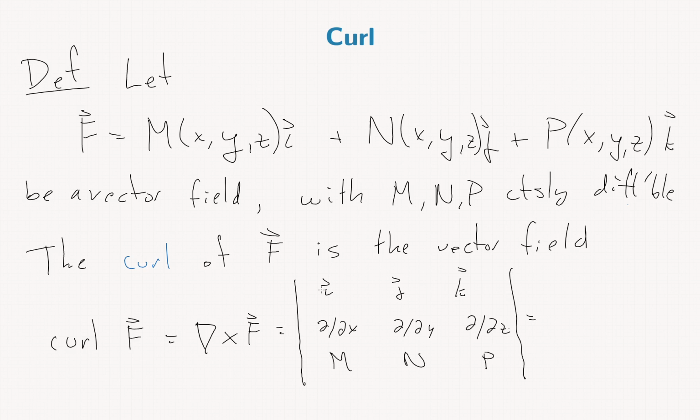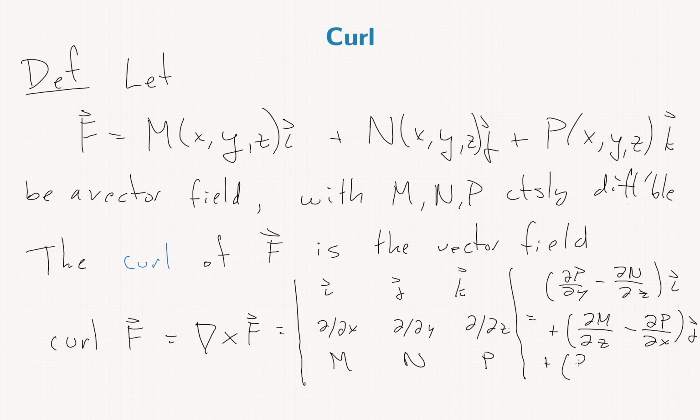So this will be, we take ∂P/∂y minus ∂N/∂z for i, plus then for j we've got ∂M/∂z minus ∂P/∂x, plus, and then for k we have ∂N/∂x minus ∂M/∂y.